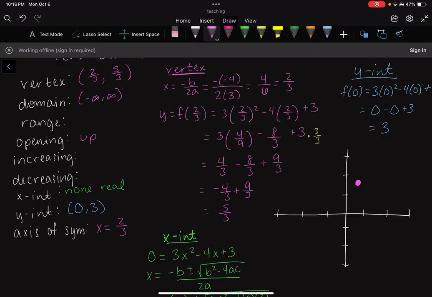And then it's facing upwards. So that's good to know. My y-intercept is at (0, 3). So here's what my parabola looks like. Something like that. And so that's why we didn't have any x-intercepts, because it's pointing upwards, so it never crosses the x-axis. So it makes sense that we got imaginary ones, because we don't have any real ones.